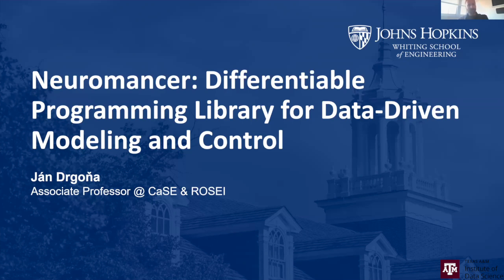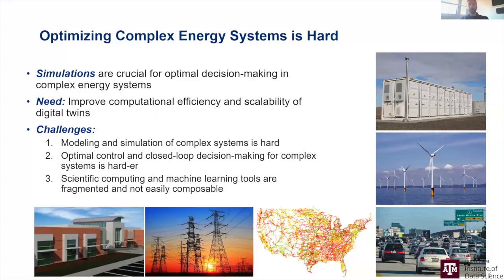So the work on Neuromancer started when I joined the Pacific Northwest National Lab almost 6 years ago, and it has been developed there with my wonderful colleagues, mostly through funding from the Department of Energy, with the motivation to deal with optimization and control of complex energy systems.